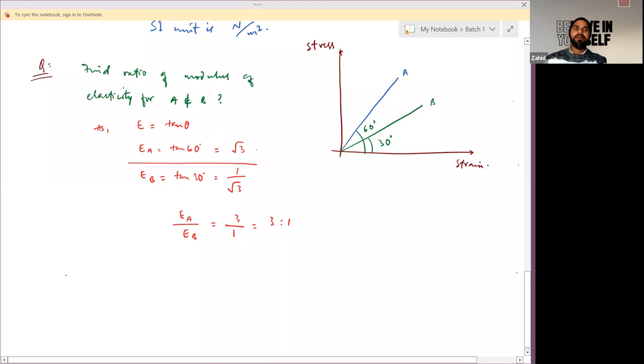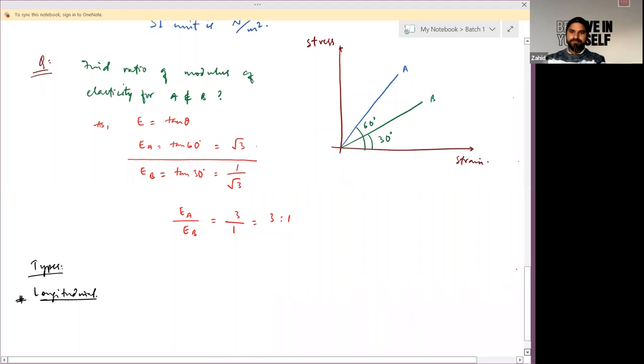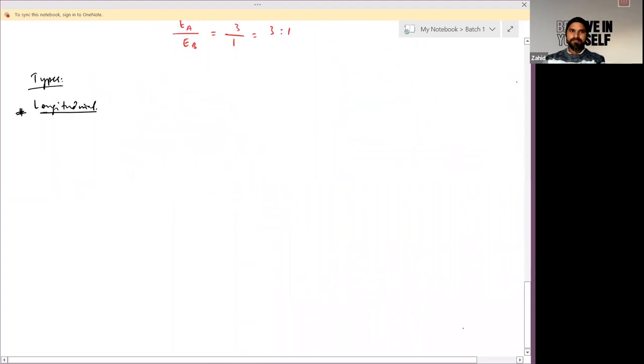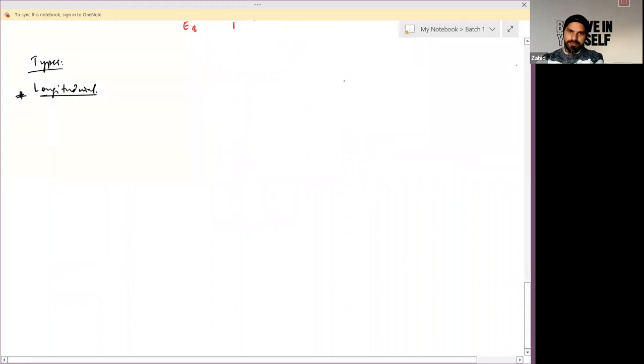So on the basis of these three terms, stress, strain, and Hooke's law or modulus of elasticity, we may define its types. First is longitudinal. Suppose there is a wire attached to a vertical support.